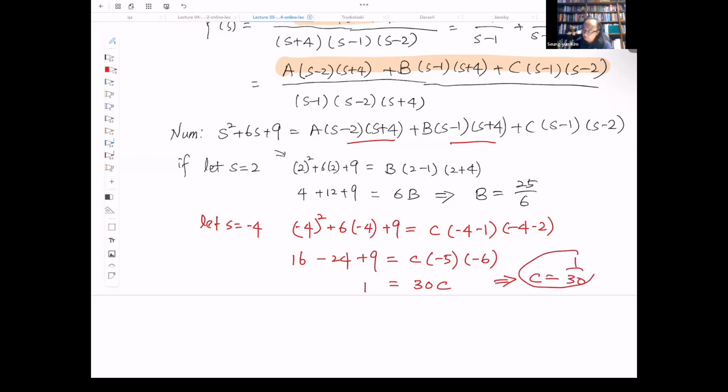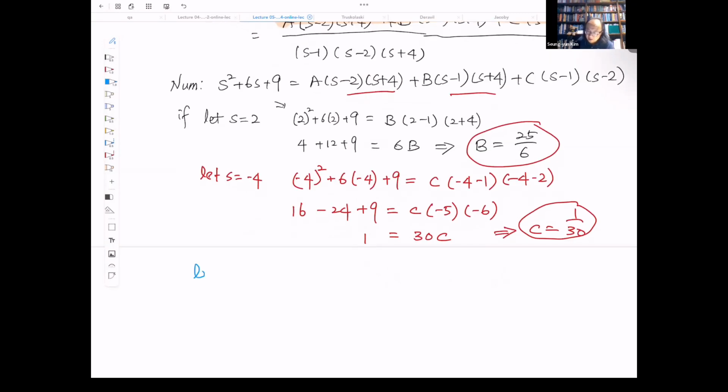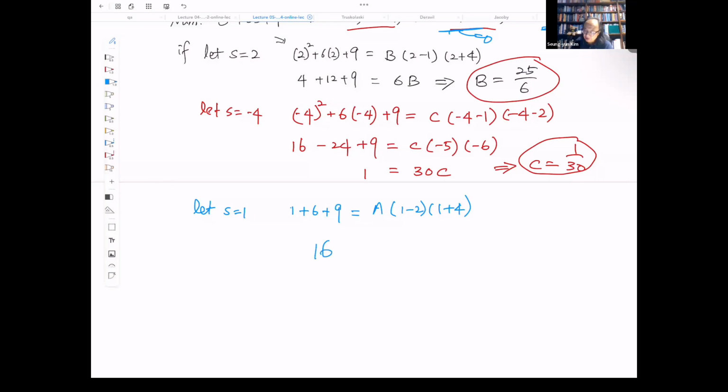Now we let s equals 1. Then the other terms are 0. So we have 1 plus 6 plus 9 equals A times 1 minus 2 times 1 plus 4. 16 equals negative 5A.